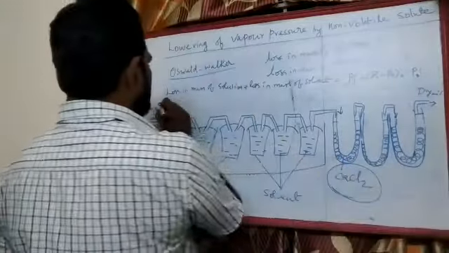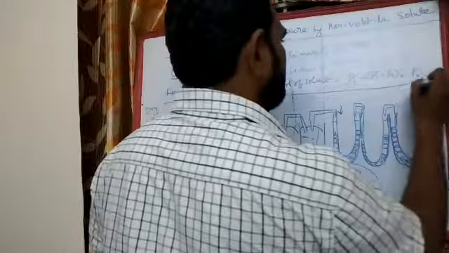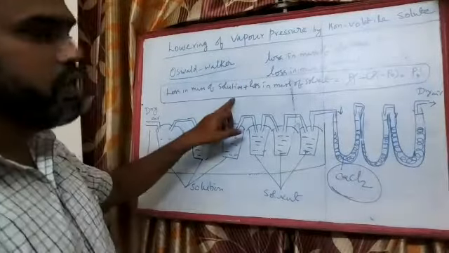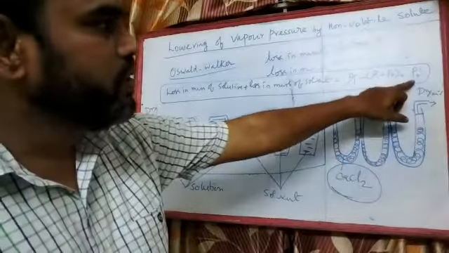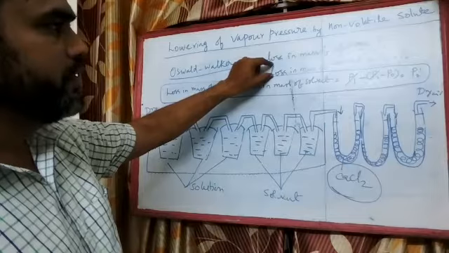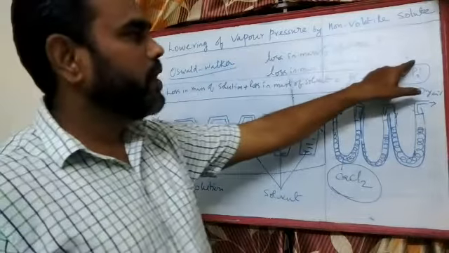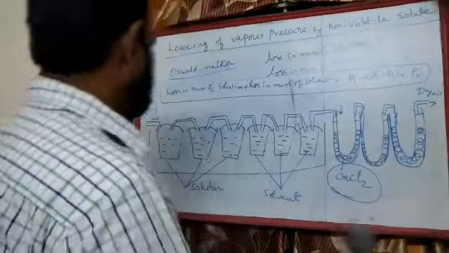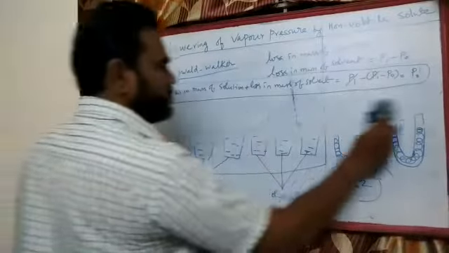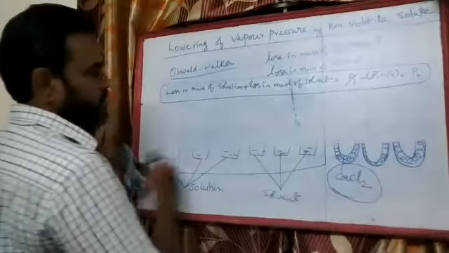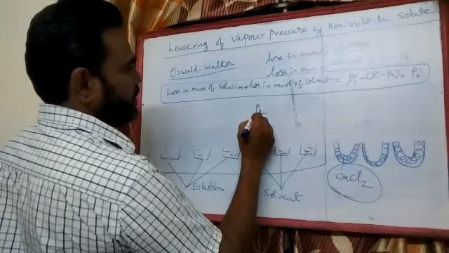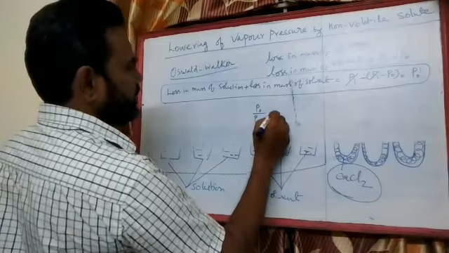So total loss in mass of both the compartments is equal to P0. So loss in mass of the solvent is equal to P1 minus P0. So with this, you can write P0 divided by P1 minus P0.